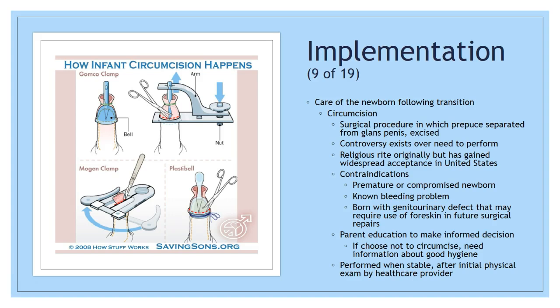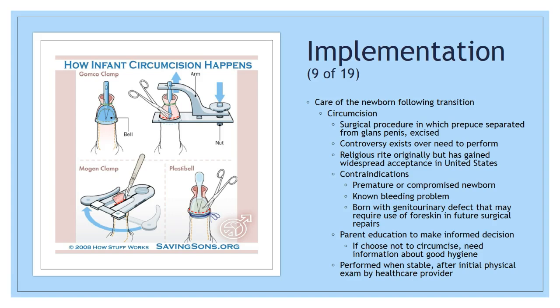Contraindications for circumcision are individuals that are premature or the compromised newborn, or newborns that have a known bleeding problem. So if we have a newborn that we know is not going to clot well, we would not do a circumcision on them. And then newborns who are also born with any type of genitourinary defect that would require use of the foreskin in some type of future surgical repair.